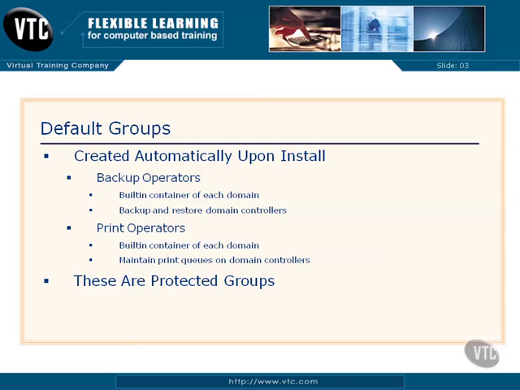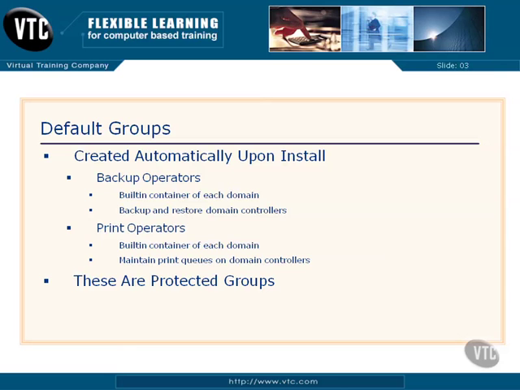To the point, for example, if I add Frank Jones into, say, the backup operators group, then my help desk folks can't reset his password because they won't have adequate permissions. You have to have a lot more permissions. So be careful about adding users into these.